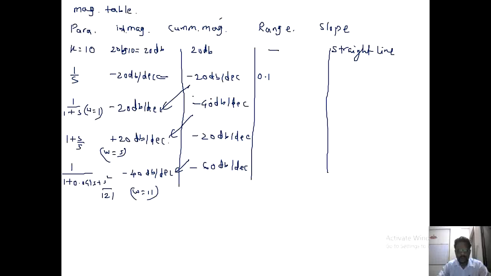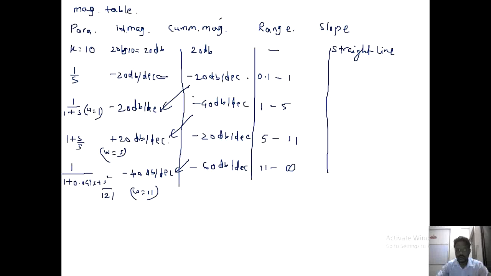So 0.1 to 1, then 1 to 5, then 5 to 11, and from 11 to next is not present, so infinity. So 0.1 to 1, 1 to 5, 5 to 11, 11 to infinity.